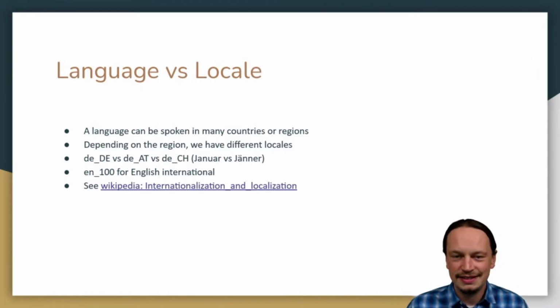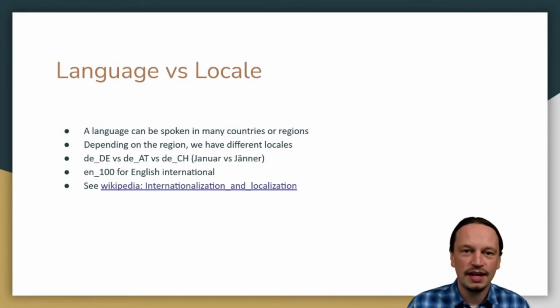So we have at least 3 locales for the German language. It's Germany, DE_DE. It's the Austrian German, DE_AT, and the Switzerland German, DE_CH. And one famous example is the name of the first month of the year. In Germany, we say Januar, and in Austria, they say Jänner.